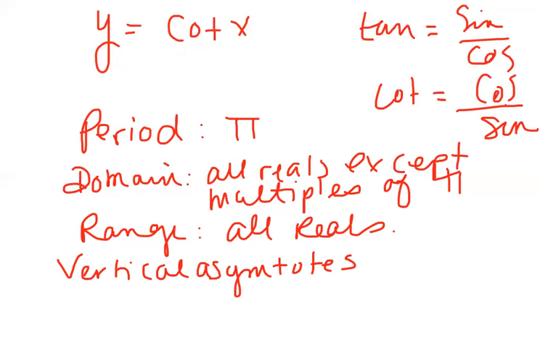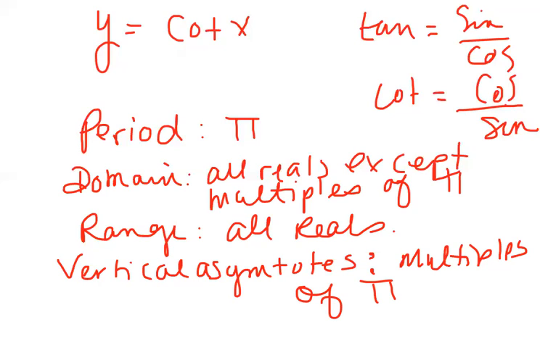So for this one, the vertical asymptotes are going to be found at multiples of pi. So pi, negative pi, 2 pi, and so forth and so on, okay? So that's the vertical asymptotes.